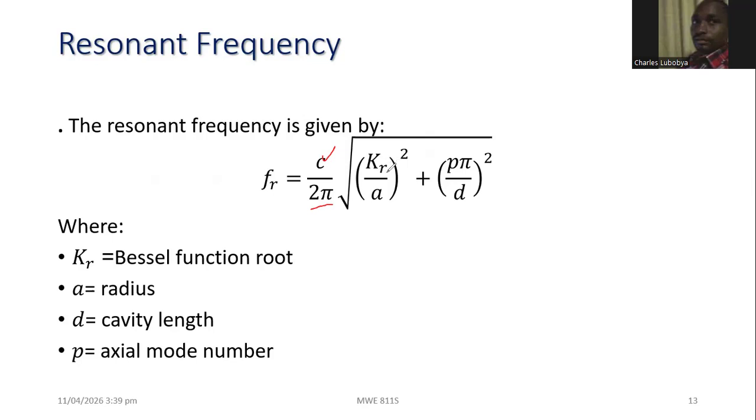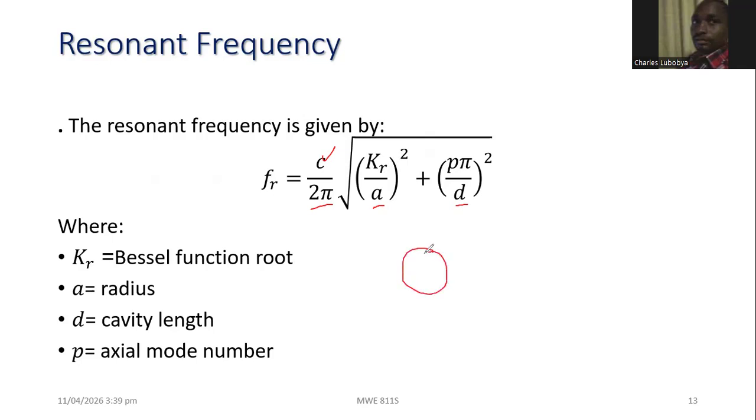Then you should have KR divided by A, where A is the radius of a circular cavity resonator. Then you've got D here, which is the distance from the center of a circular waveguide to where you've cut it.